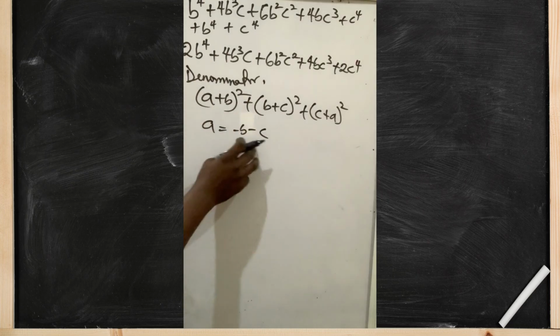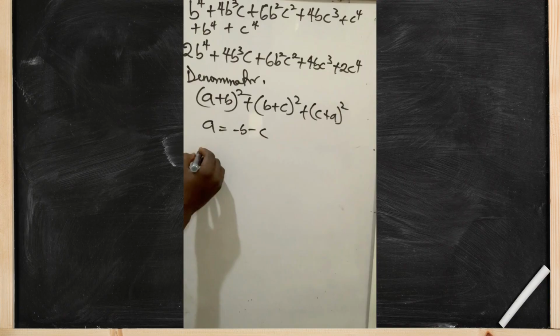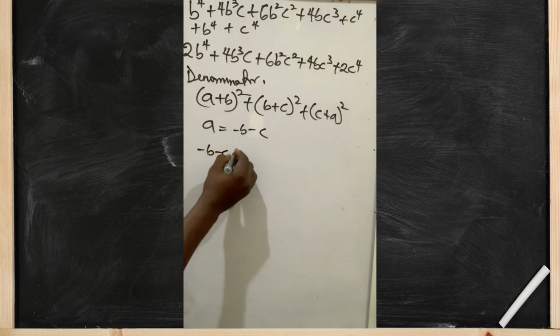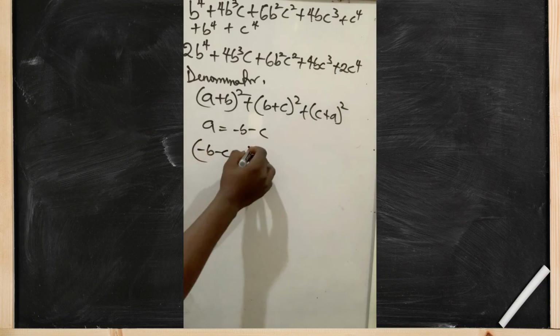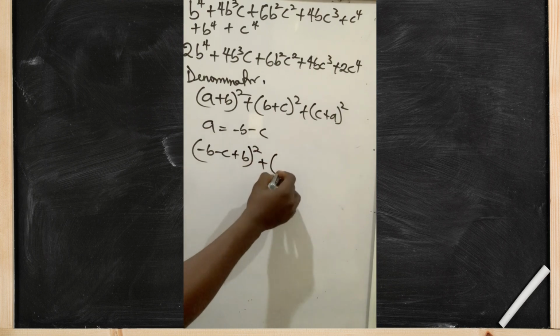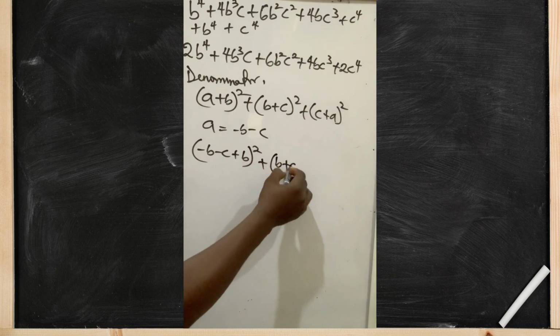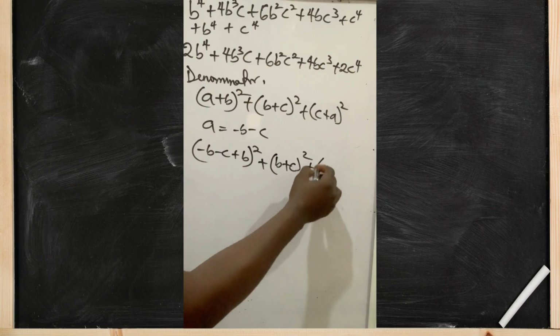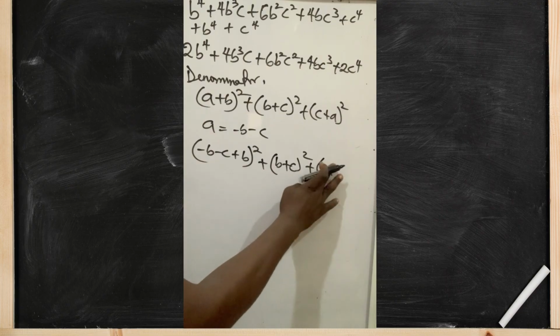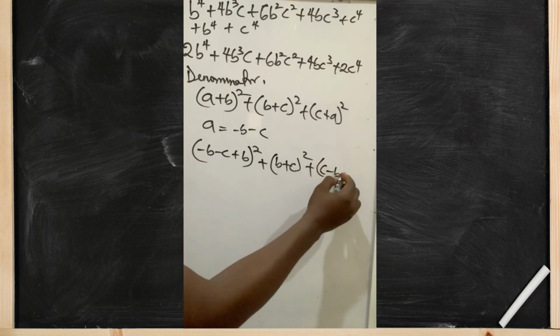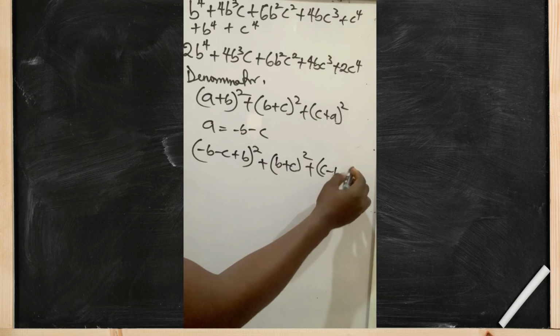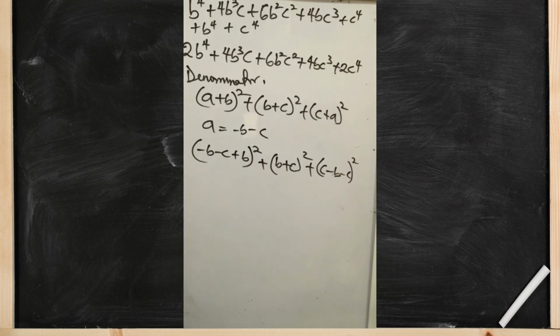So if we are substituting a into this, it's going to give us (minus b minus c plus b) all squared, plus (b plus c) squared, plus (c minus b minus c) squared.